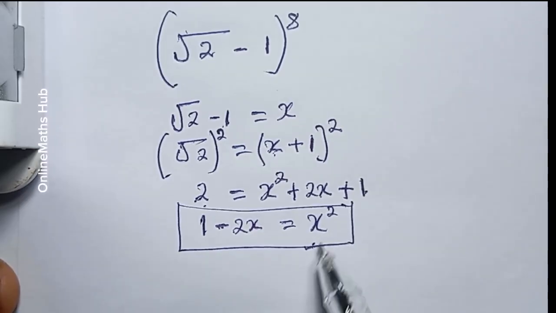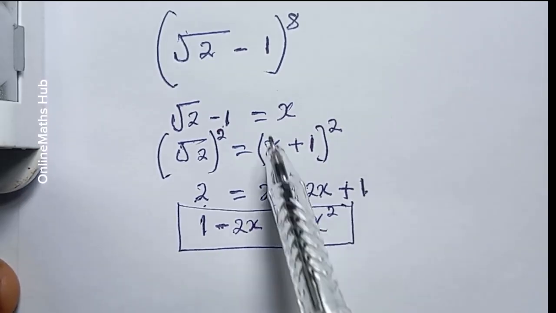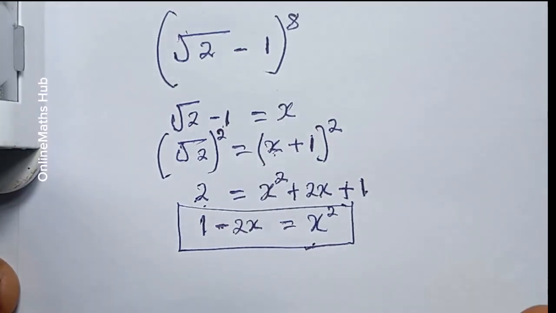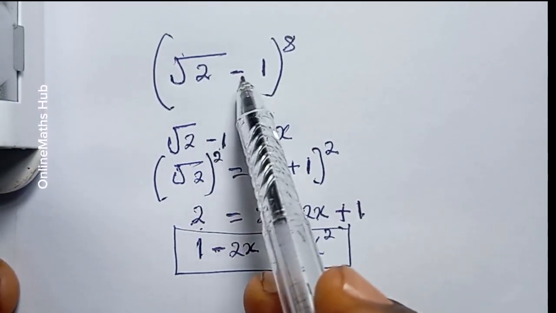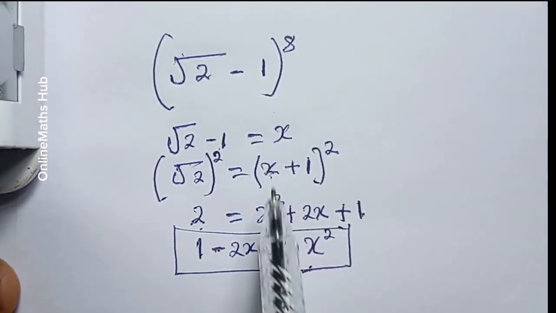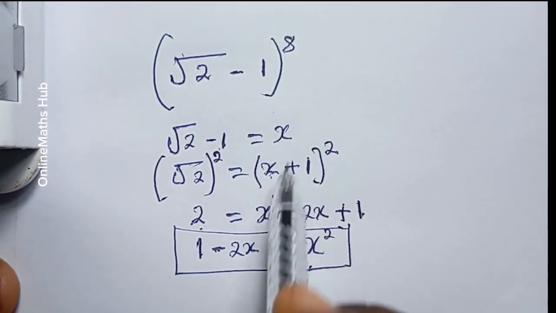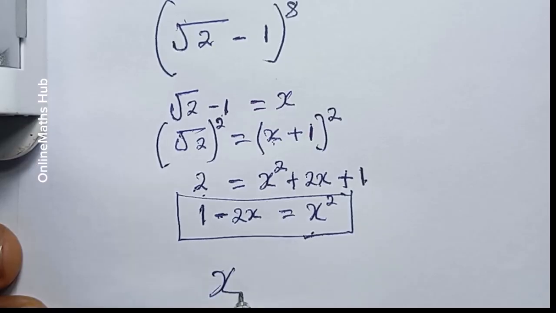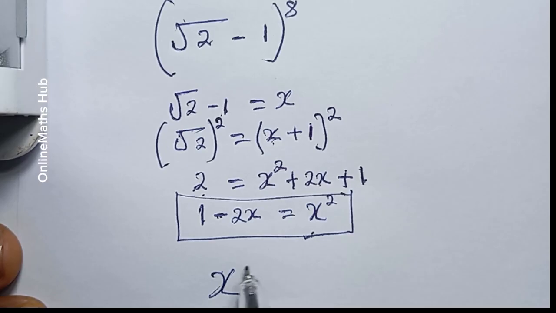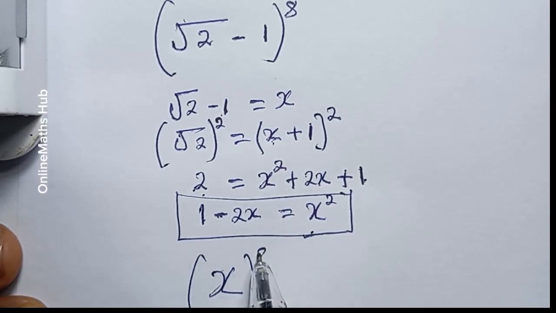Okay, now that I've gotten x squared, I'm going to move back to the question I have right here, and in place of this root 2 minus 1, I'm going to be putting this x, which we've set to be root 2 minus 1. So my question is now changed to x raised to power 8.